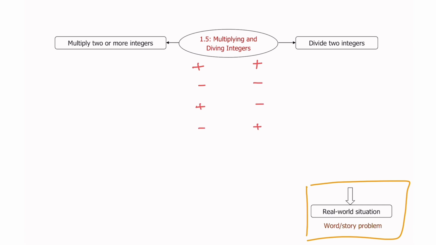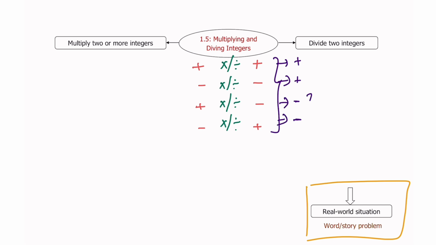Here, I'm going to write multiplication or division, multiplication or division, multiplication or division, multiplication or division. And here comes the important thing. This is plus, this is also plus, this is minus, and this is minus. Two minuses here and two pluses here.